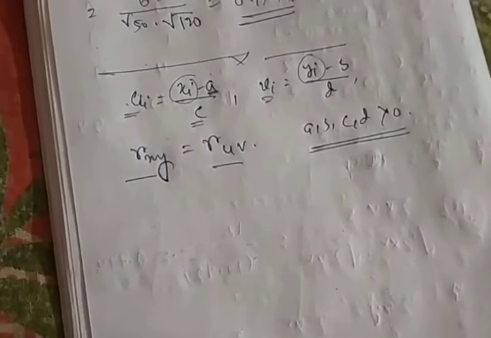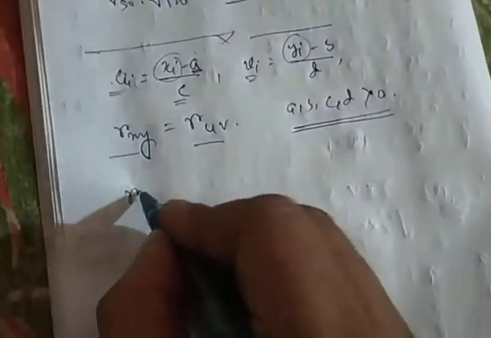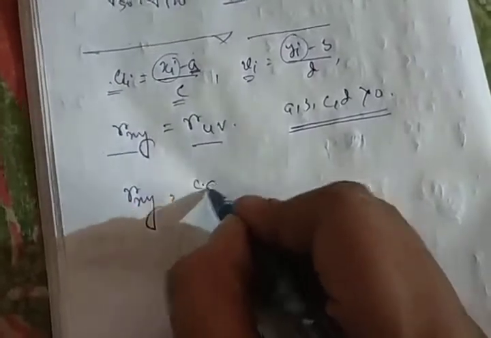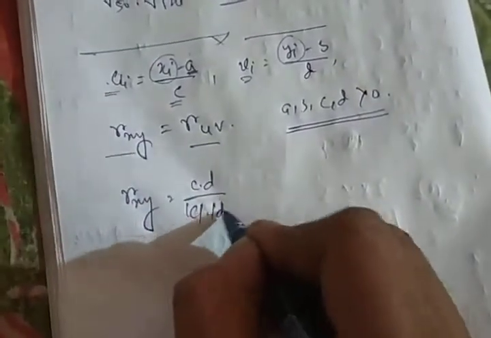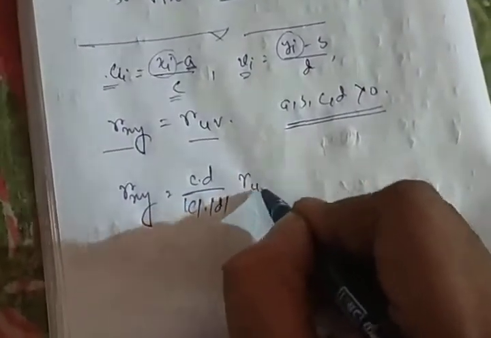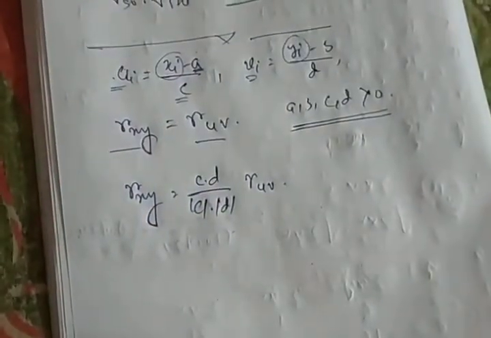If c and d don't have the same sign, that is, c and d can be of the same sign or opposite signs, then after calculation rxy equals cd divided by mod c into mod d into ruv.